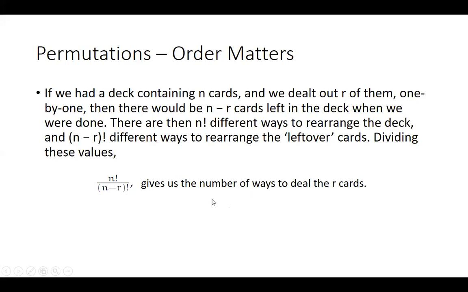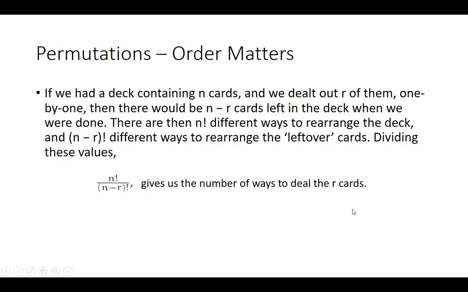If we had a deck containing n cards and we dealt out r of them one by one, then there would be n minus r cards left in the deck when we were done. There are then n factorial different ways to rearrange the deck, and n minus r factorial different ways to rearrange the leftover cards. Dividing these values, n factorial over n minus r factorial gives us the number of ways to deal the r cards.